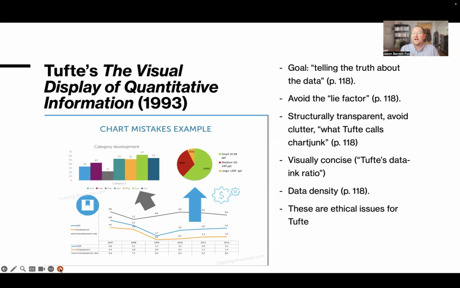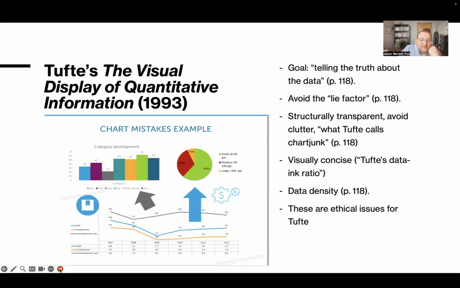It's an ethics that values the reader's time. It's an ethics that values the fidelity of the image to the data that you're talking about. That fidelity is crucial. So time and fidelity to the information, I think, are the two central ethical concerns that Tufte brings into the mix. And for that reason, I think Tufte is extremely important.